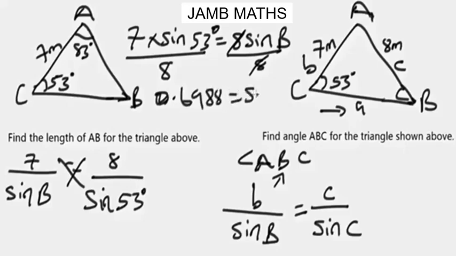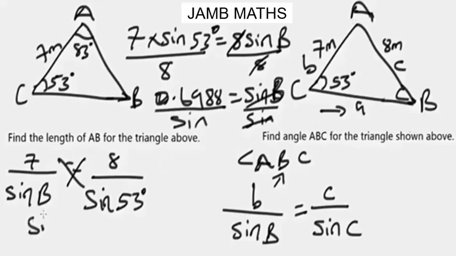That equals sine B. Now to make B the subject of the formula, we take the sine inverse of this value. So B is sine inverse of 0.6988.